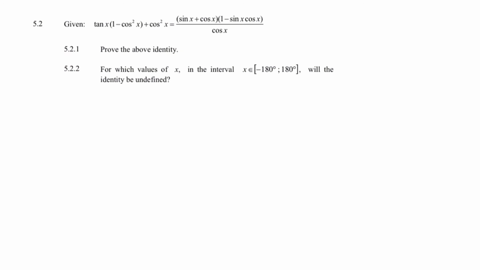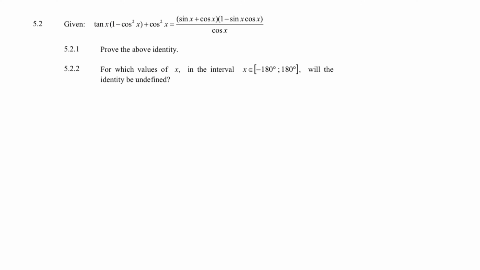5.2.2. For which values of x in the interval of x between negative 180 degrees to 180 degrees will the identity be undefined? So notice they said the identity needs to be undefined. So on the left-hand side, I know the identity will be undefined for the asymptotes of tan x.